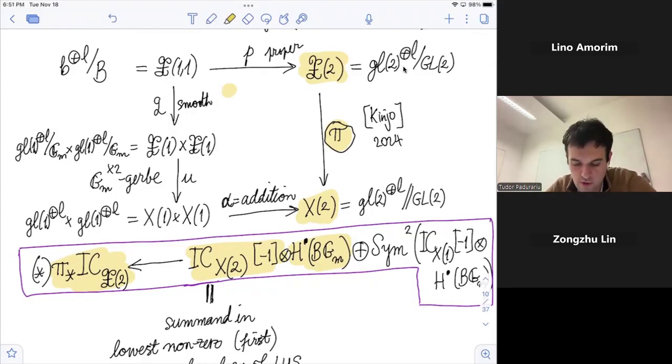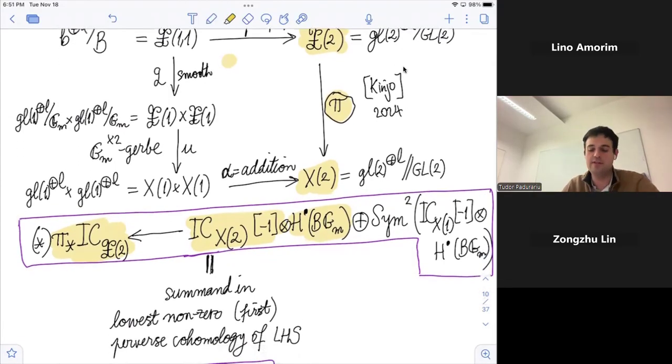So this is the first big contribution, of the open locus in X_2. Then we also have another contribution coming from the addition map, or via the whole product. The second contribution comes from a decomposition of 2 as 1 plus 1.